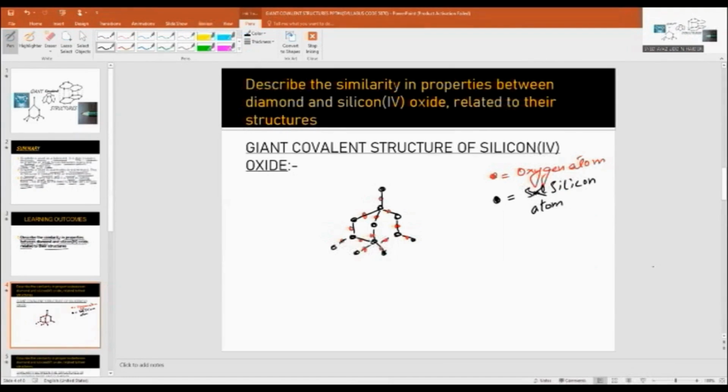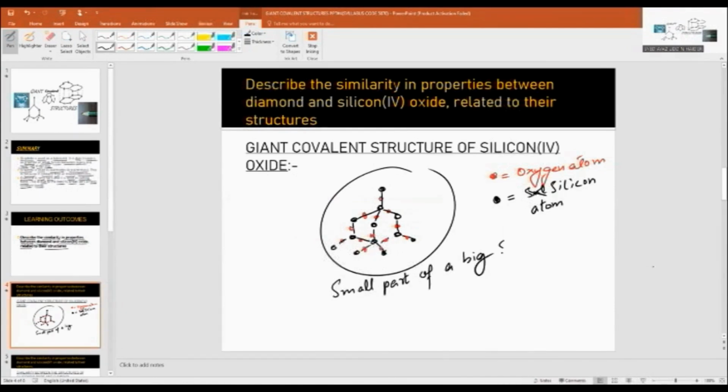Notice that each silicon atom is bridged to its neighbors by an oxygen atom. Don't forget, this is just a tiny part of a giant structure extending on all three dimensions. This one, small part of a big structure.